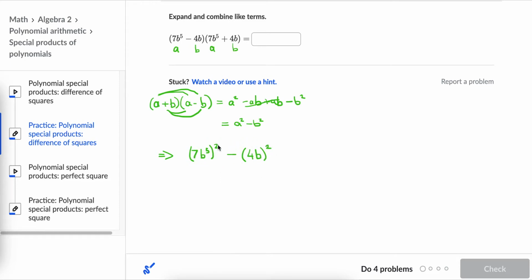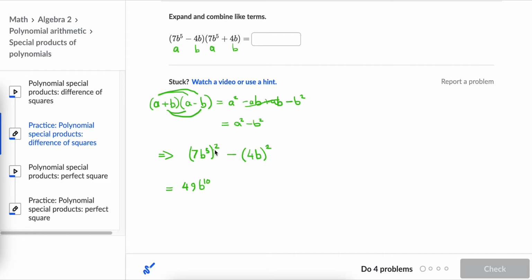Using our exponent properties, 7 squared is 49, and b to the fifth to the power of 2 means you multiply the 5 times 2 and get b to the 10th power. You could also look at it as b to the fifth times b to the fifth, which also gives b to the 10th power. Either way works.